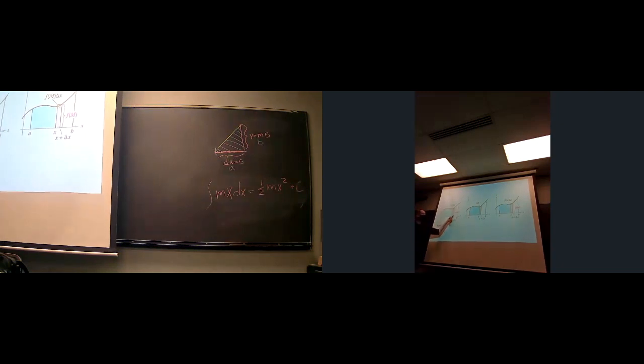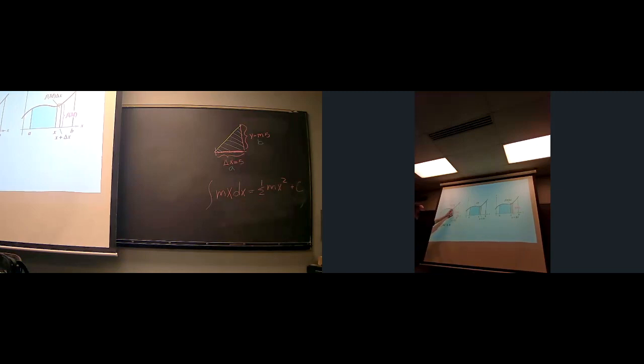If we take a rectangle underneath our curve, the left side of our rectangle is going to be the height of our function at some m value, and the width of our rectangle is going to be delta x.